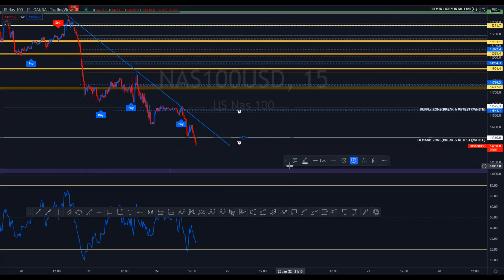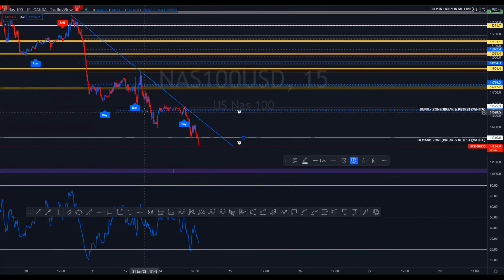So now that we've figured out the imbalances, this is where I locate the Harami candles, and I see a Harami right here. So that's what made price sell down. So eventually they're going to want to come back up and fill this up.